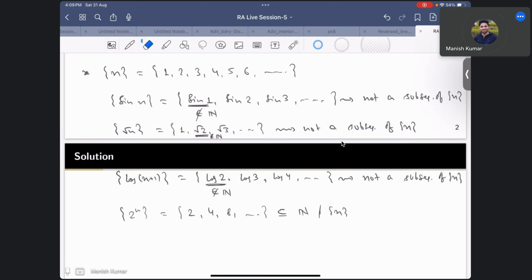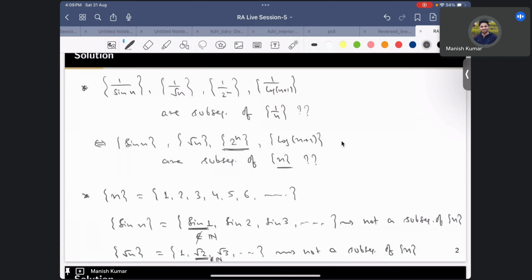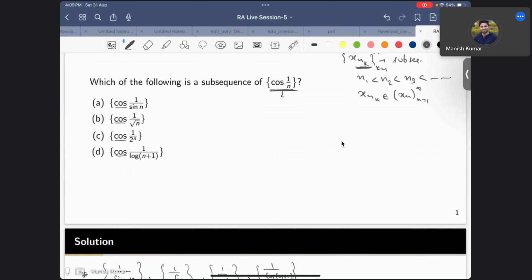So cos 1 by 2 raised to the power n is a subsequence of cos 1 by n. This was an easy warm-up problem related to sequences. So the correct answer would be this C. Others are not a subsequence of this cos 1 by n.